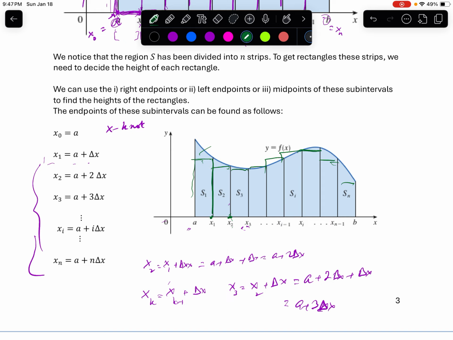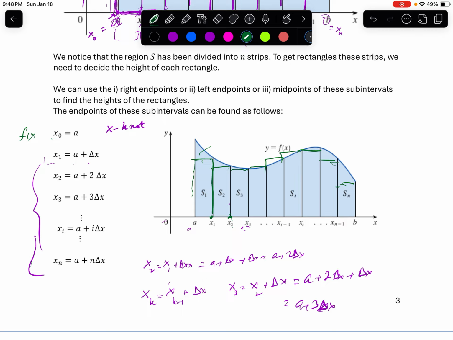That gives us the heights. For each of these x naught, x1, x2, x3 up to xn, we have a y value corresponding to each of these. So this will be f of x naught.